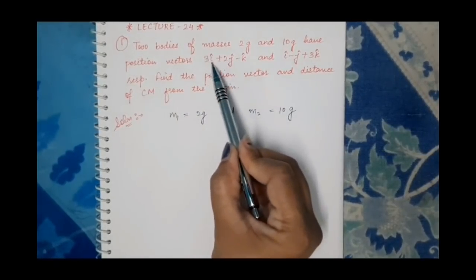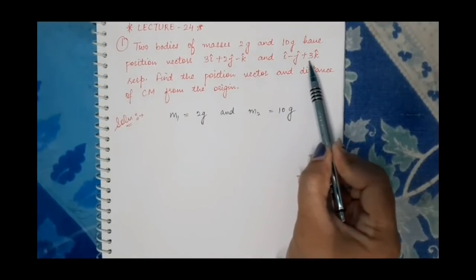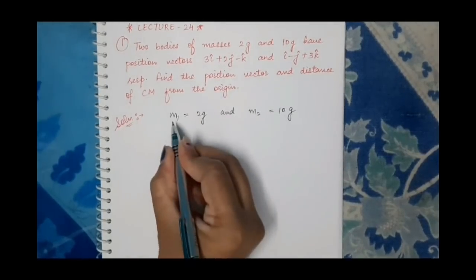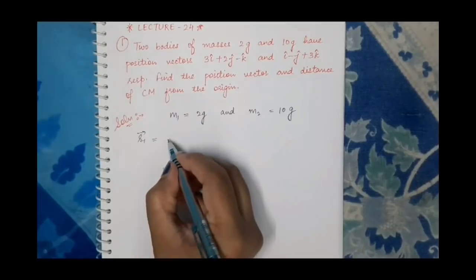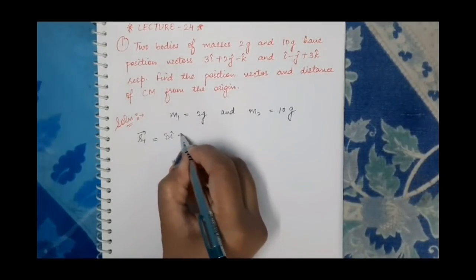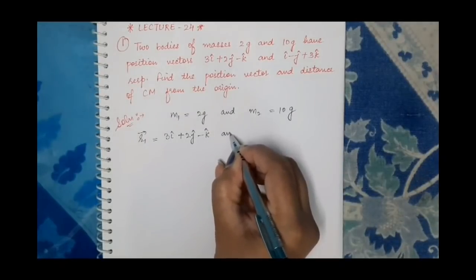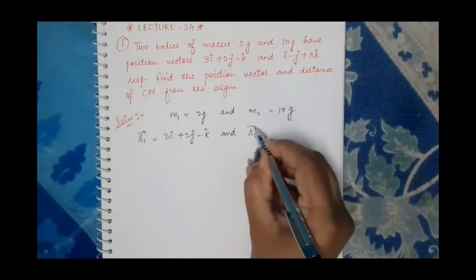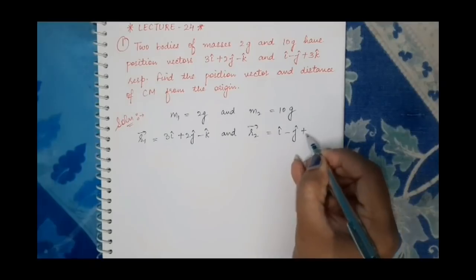This will be the position vector of M1, that is 2 grams, and this will be the position vector of M2, that is 10 grams. The position vector of M1 is R1 vector, given as 3i cap plus 2j cap minus k cap, and the position vector for the 10 grams is R2 vector, equal to i cap minus j cap plus 3k cap.